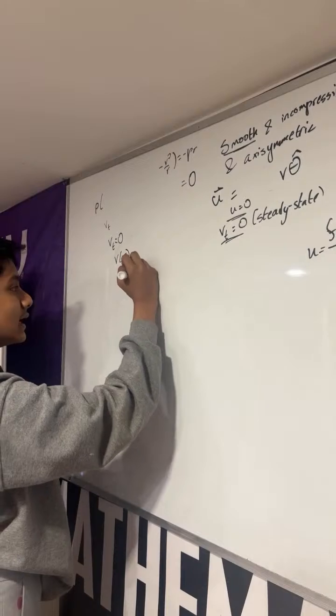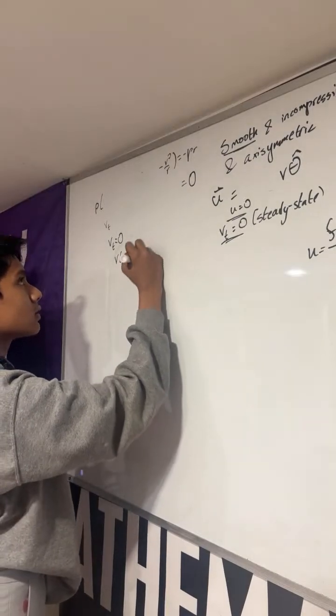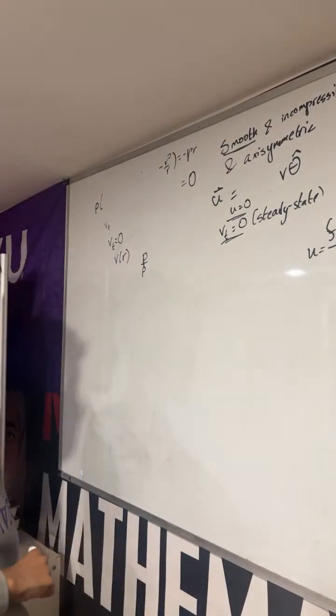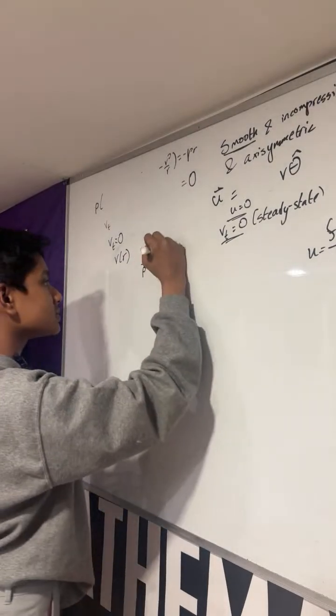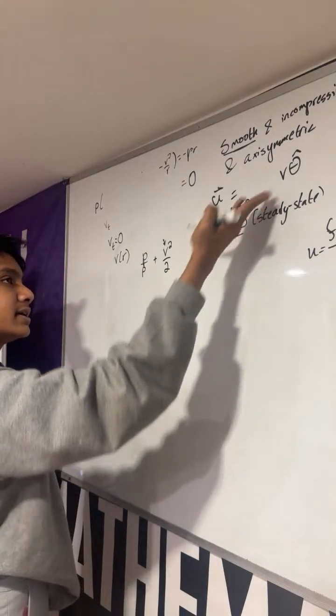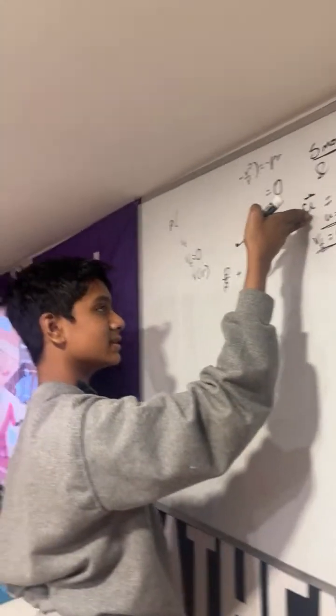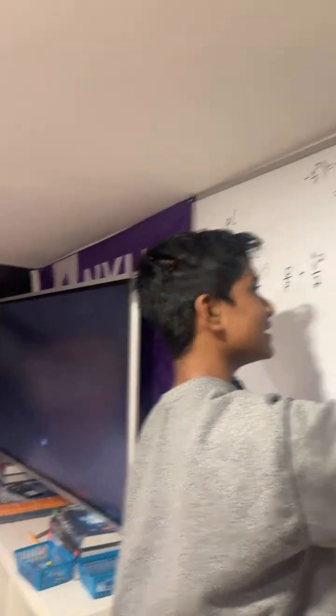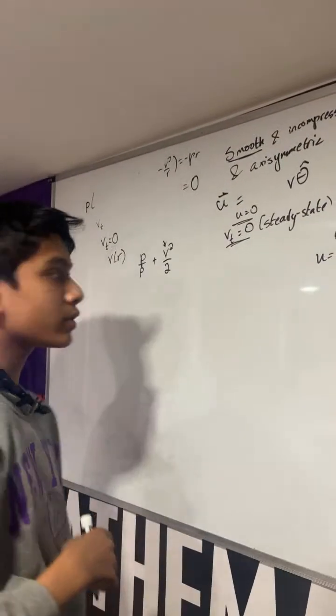Okay, so Bernoulli's equation says that the pressure divided by the density plus the velocity squared over 2, and yes, this is the magnitude of the velocity, but the magnitude of v is the exact same as the magnitude of u at this point.